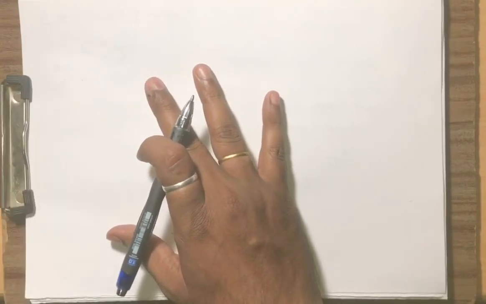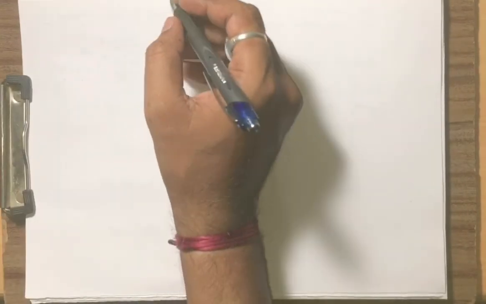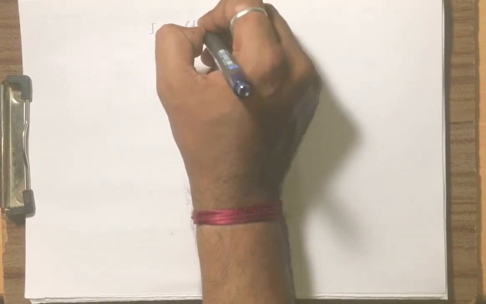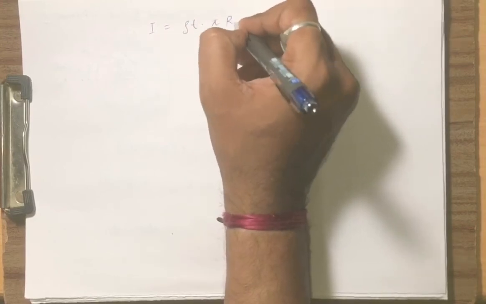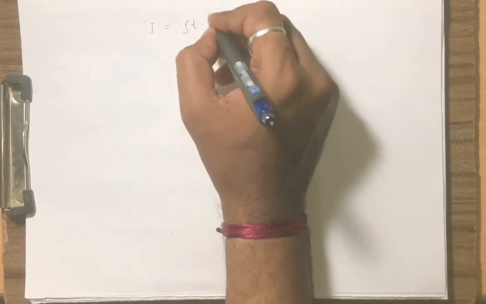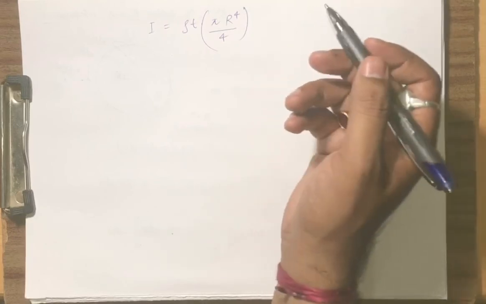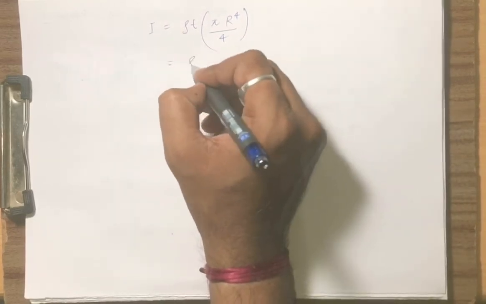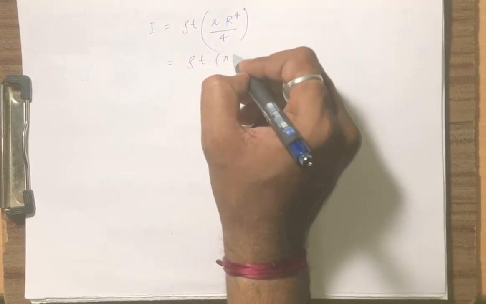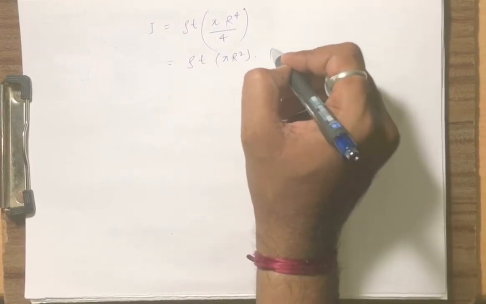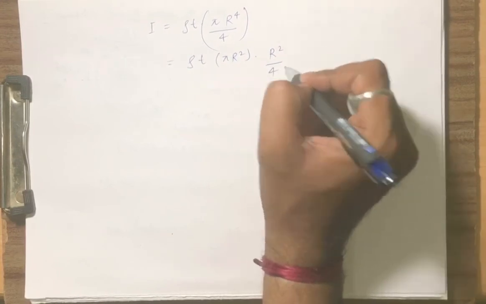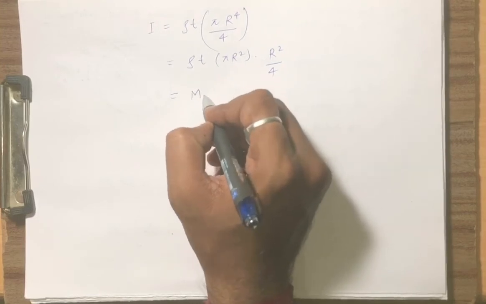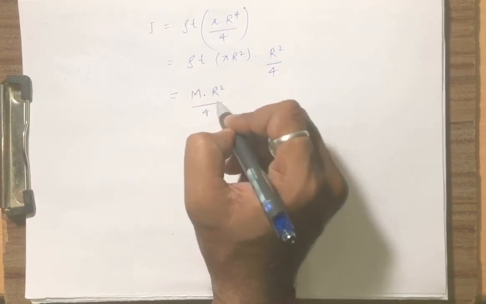So finally what you are going to get is I as rho t pi r raised to power 4 by 4, because r cube dr, pi is constant and comes outside, so rho t into pi r square into r square by 4. So this is capital M r square by 4.